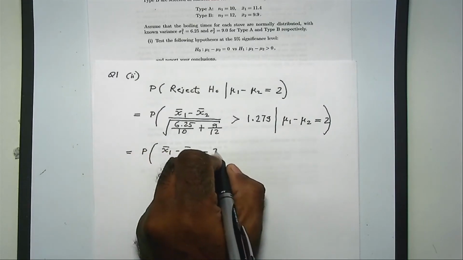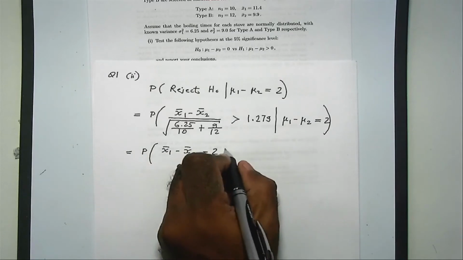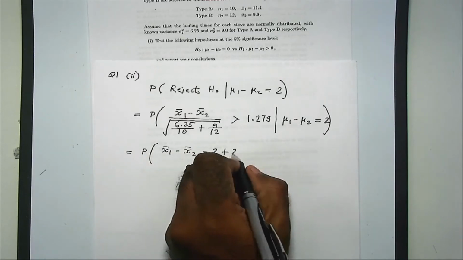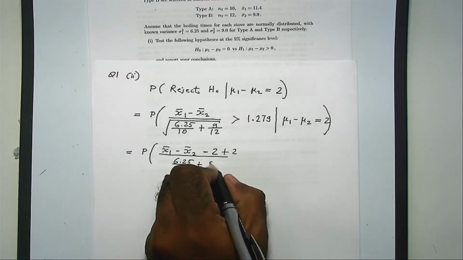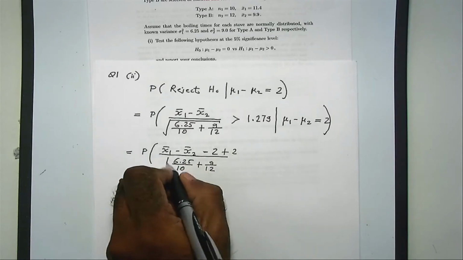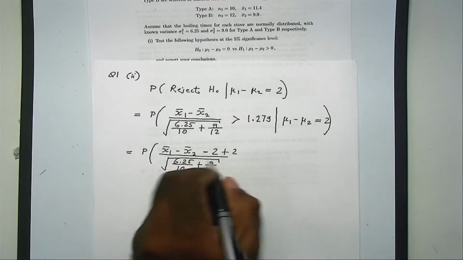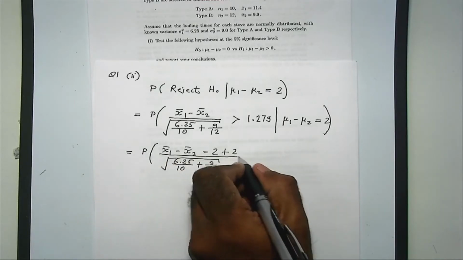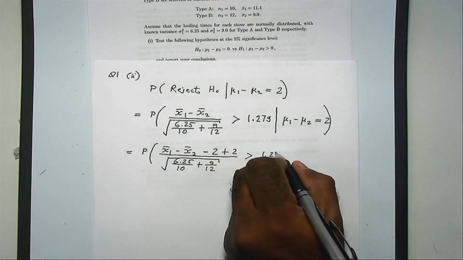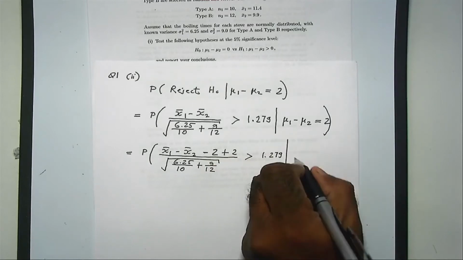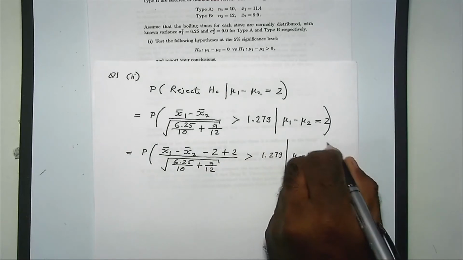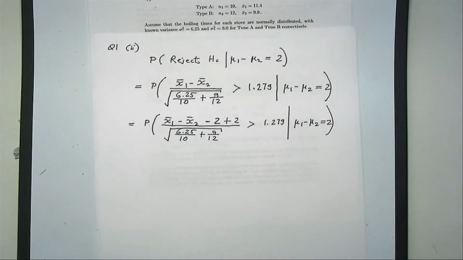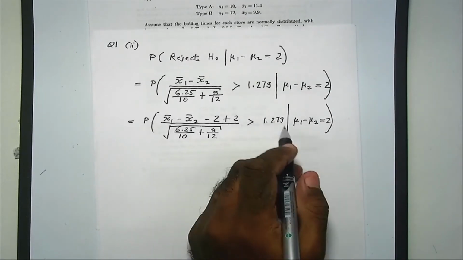I'm going to subtract 2, and because I have subtracted, I need to add it back. Now in the next step, I'm going to take this term here to the right hand side.